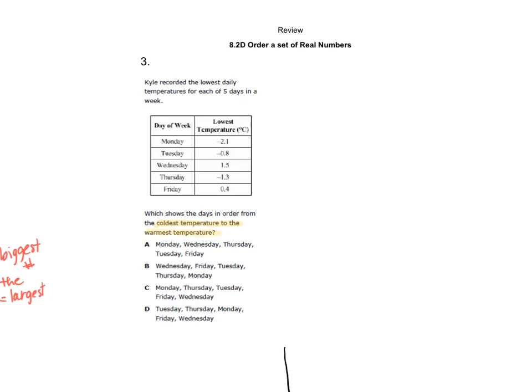So if you think of a thermometer, and if I have 0 here, this is warmest and this is coldest. So I need the smallest number to be on top. Smallest number means the greatest negative number. So negative 2.1. The next highest negative is 1.3. And we have another negative, which is 0.8.